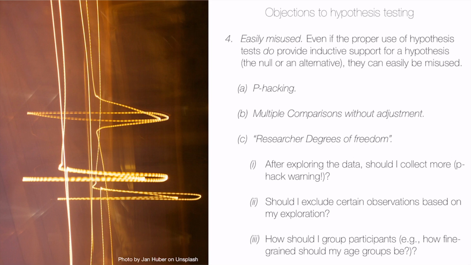You should set the alpha beforehand and then analyze your data, and it's considered p-hacking if you do otherwise. So those things are to be avoided, but they're not always avoided, and some people think the logic is just so convoluted that we should use something else, otherwise people will just be incentivized to p-hack.